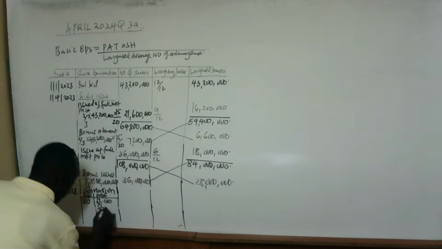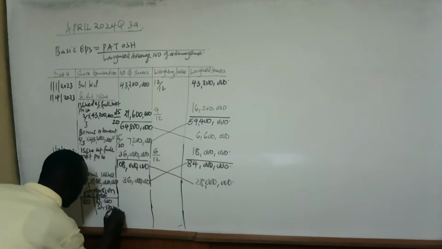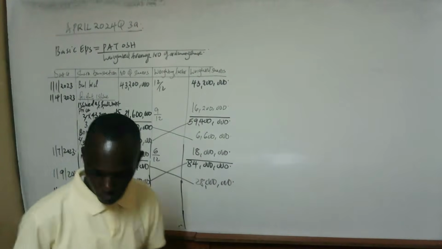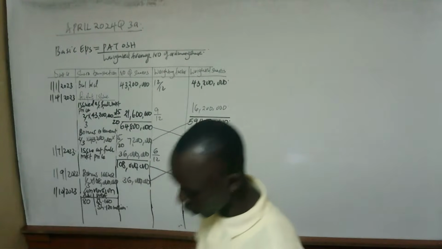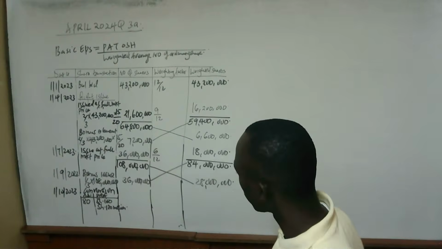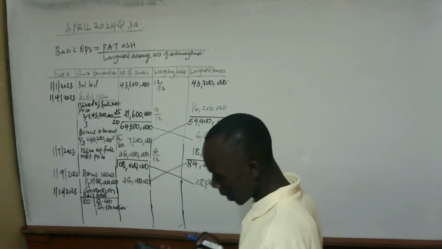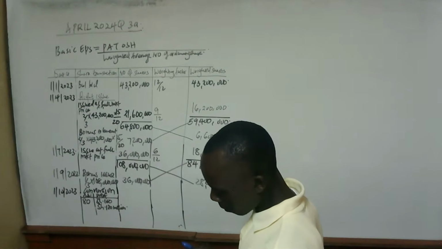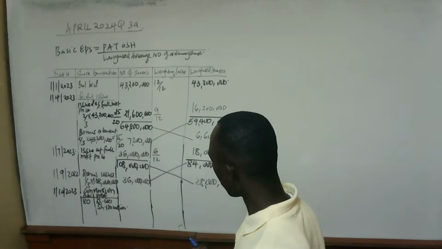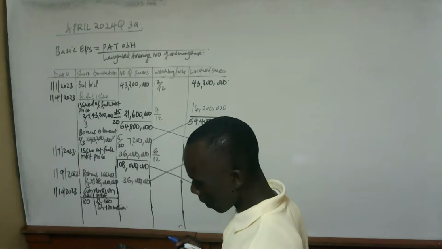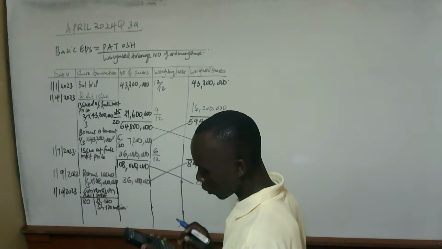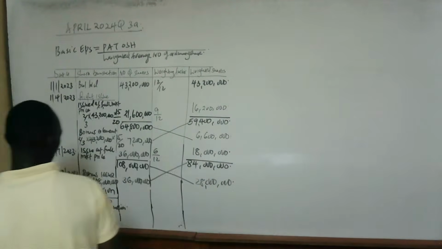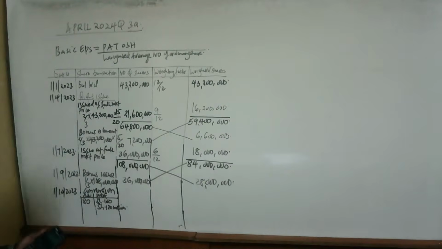We are going to talk about 120 million. So when we cross multiply, it will be 80 times 120 million. Then we divide by 100. So therefore, in that case, how many shares are we going to get?